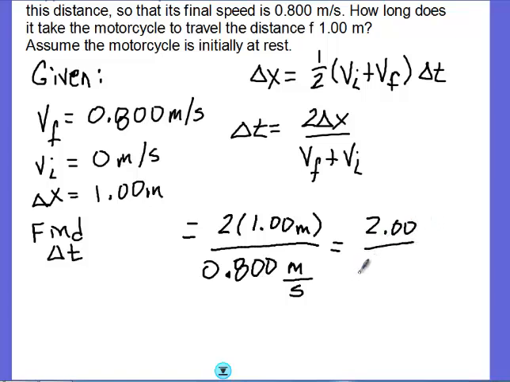So the product of the top divided by the sum of the bottom is going to leave us canceling the meters out. We'll be left with seconds. So my final result will be 2.50 seconds.